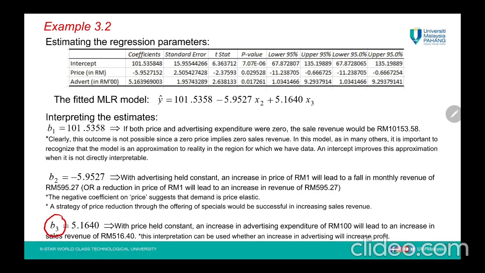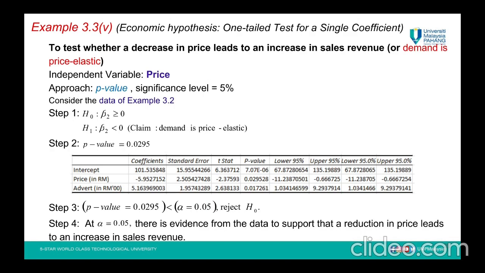So we can see that an increase in advertising expenditure of RM100 — remember that the unit used for advertising expenditure is RM100, meaning 1 unit of x3.